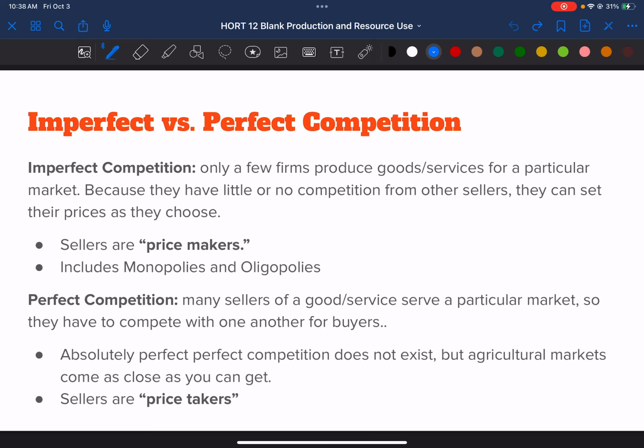They have to take whatever price the market offers, because you can't have one farmer selling cucumbers for $12 a pound when everyone else is selling cucumbers for $2 a pound. They all kind of have to be in the same price range to compete with one another. Now, absolutely perfect competition doesn't really exist in reality, but agricultural markets come pretty much closer than any other type of product to perfect competition. So we'll look at that in just a few slides.